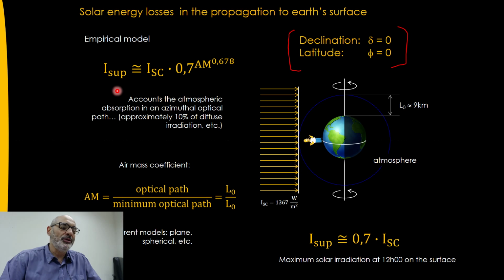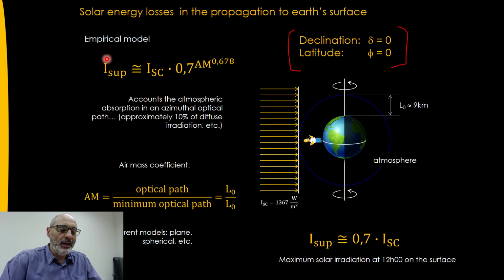We have an empirical model actually for the amount of energy that you get at the surface of the Earth compared to the energy that you get on top of the atmosphere. I_SC, SC is for the solar constant, is this quantity here.